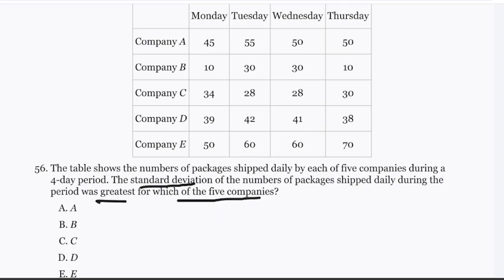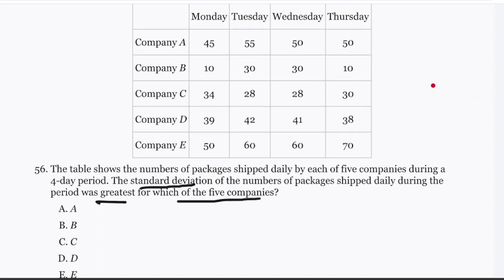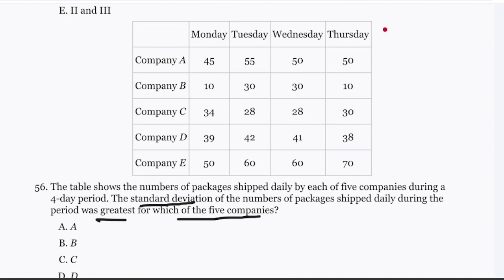If I take the mean for company A: 45 plus 55 plus 50 plus 50, the sum is 200, so x bar is 200 by 4, 50. In this one, 10 plus 30, 40 plus 40, 80, 80 by 4, 20.